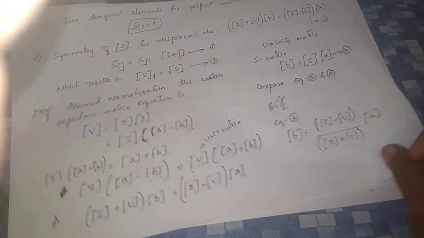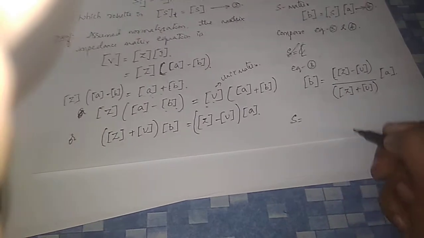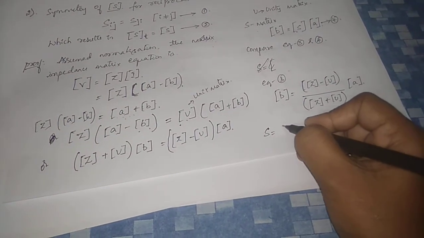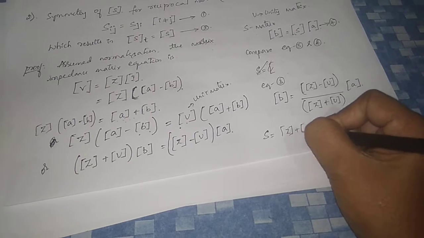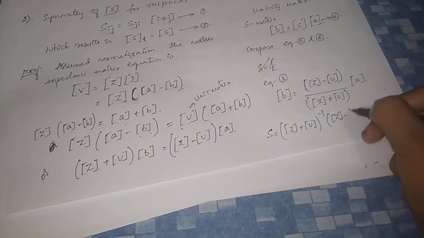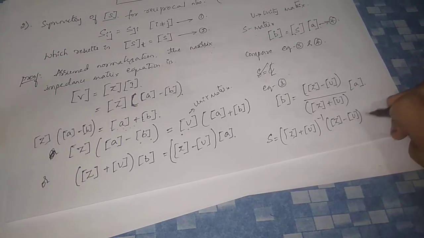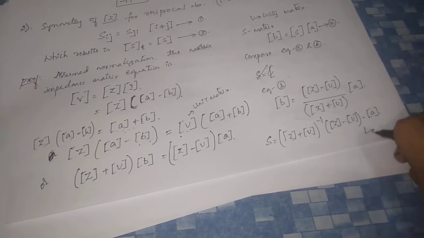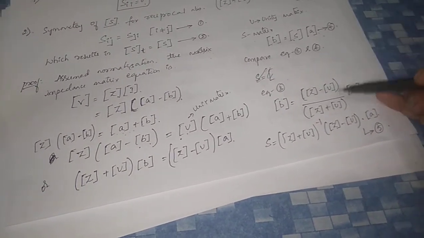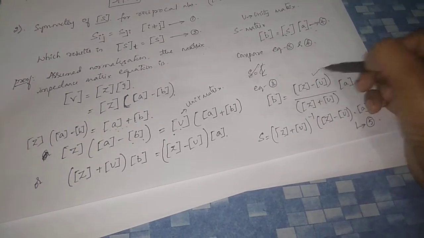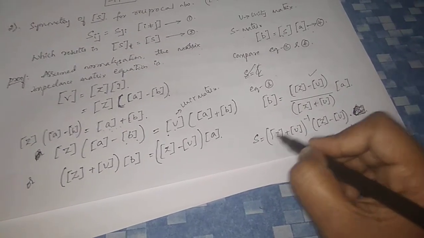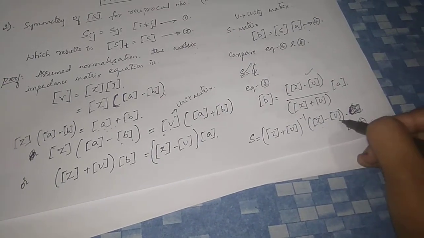So S you can write as Z plus U inverse into Z minus U. Correct? So this is equation 5. By comparing, S is Z plus U inverse into Z minus U.